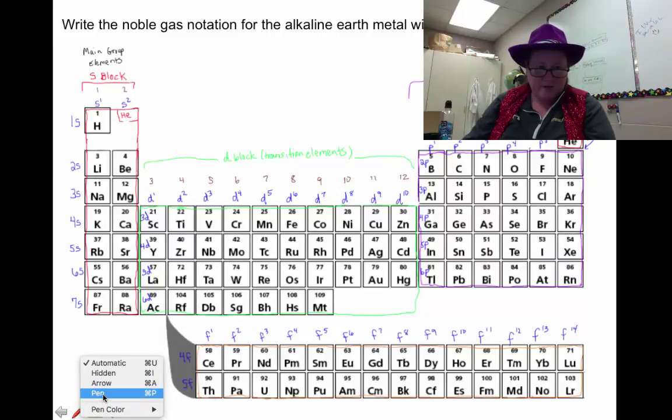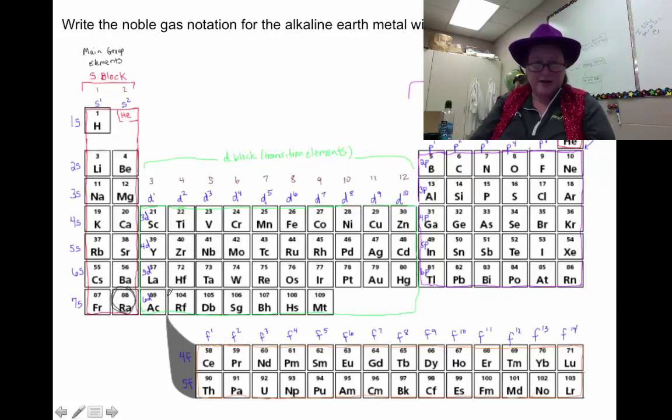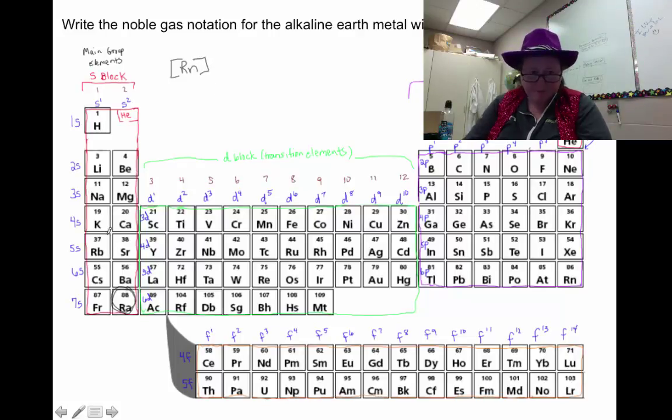I just wanted to make sure that it wasn't radon. Now all I'm asking for is the noble gas notation, and it's going to be the shortest one of them all, even though it's one of the biggest elements on here. So all I need to do is go up to the noble gas on the line right before it, Rn, which is radon, 7s2. Done. Just like that.